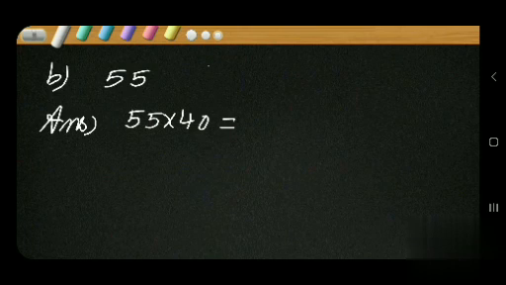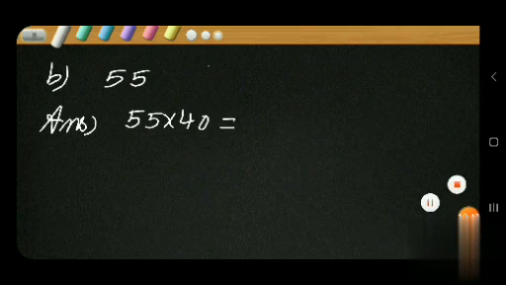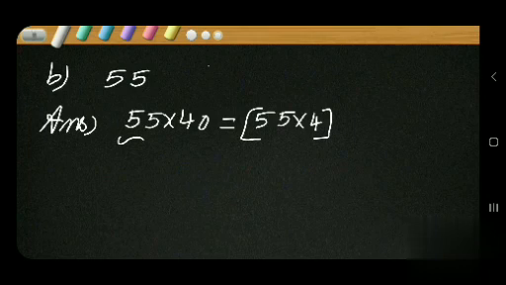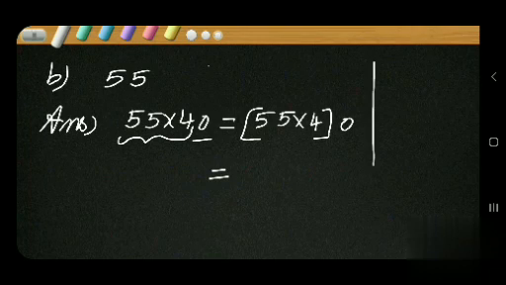First we have to multiply 55 into 4. And with this answer, how many zeros? Only one zero. So, please try to multiply in the working column.